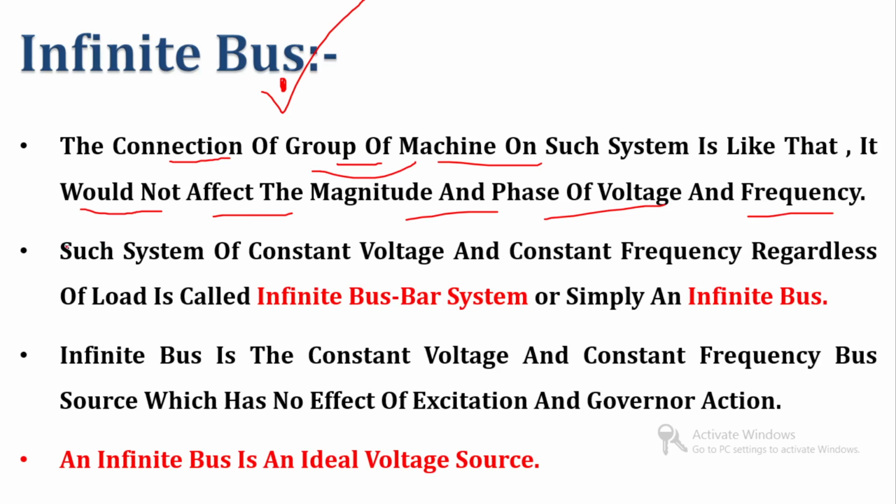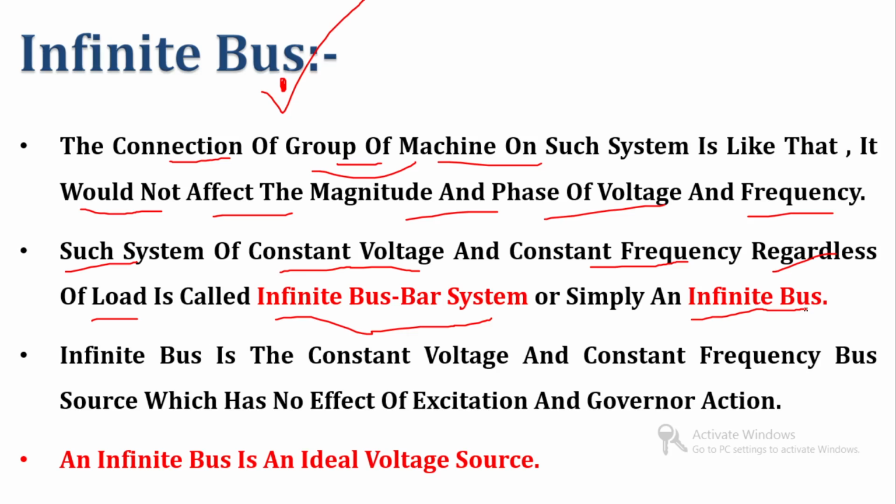So we can say that a system of constant voltage and constant frequency, regardless of load, is called an infinite bus bar system, or simply infinite bus. Clear? So in an infinite bus, the effect of change in load is negligible.